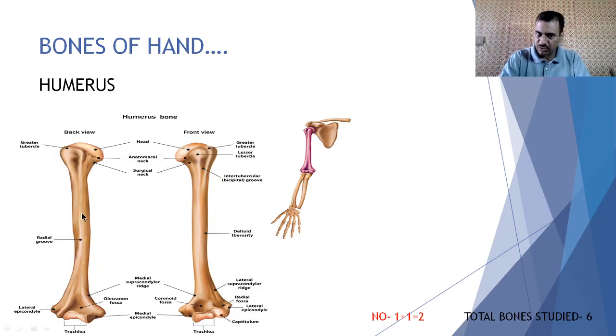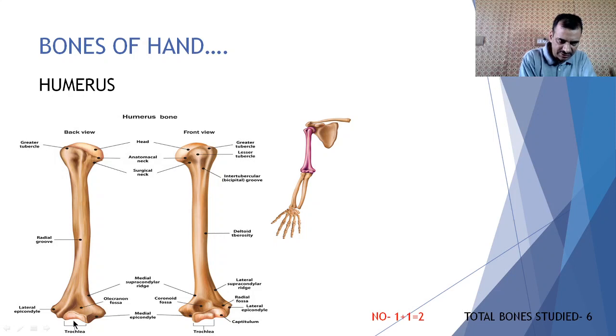What are the important features of this bone? It contains a rounded head known as head of humerus. It is on the upper side, and at the lower side it is flat, where it contains trochlea and capitulum.